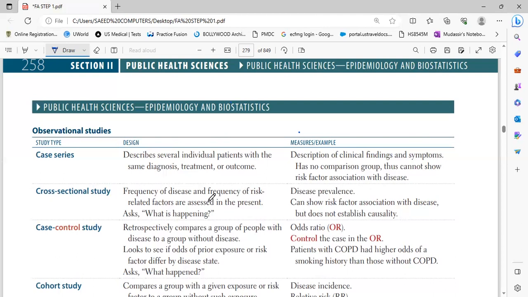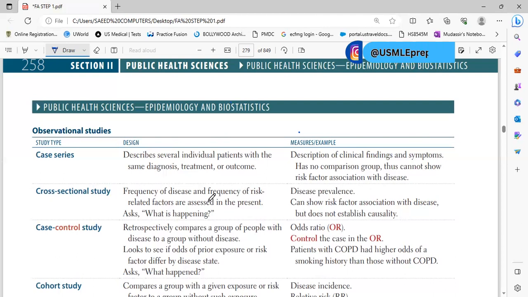You will just describe the disease, signs and symptoms, which area is affected, which population, which age group is affected, and show patient response to treatment. Like in the case of COVID, some treatment response to dexamethasone. Just describing the disease, no control group. That is case series.